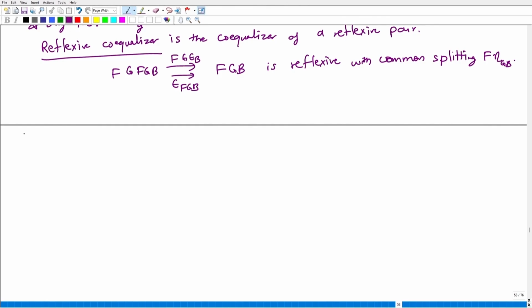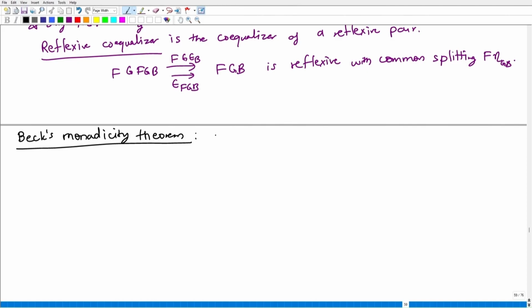Let me write this down. This is called Beck's monadicity theorem. Beck is the name of the person who proved it.